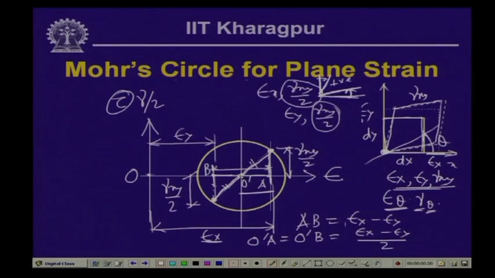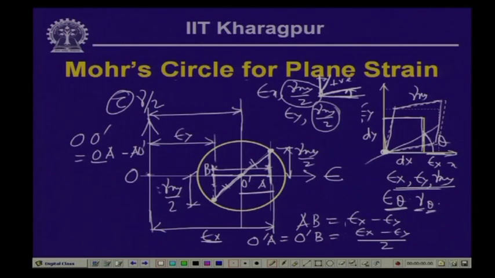Hence, the distance of the center from the origin, this particular distance, is equal to O A minus A O dash.